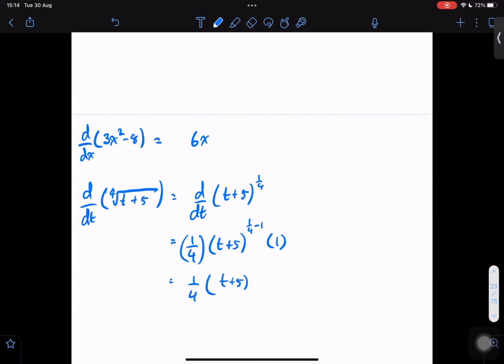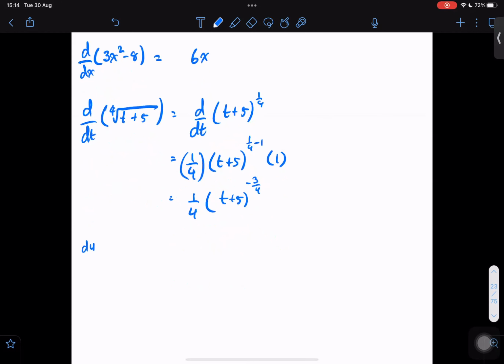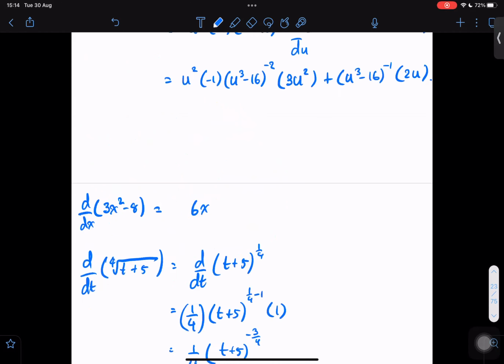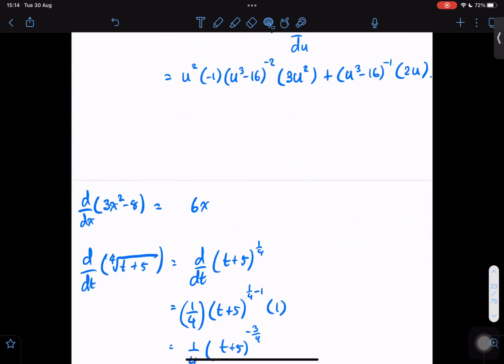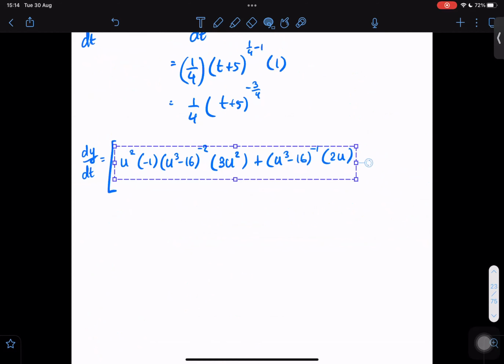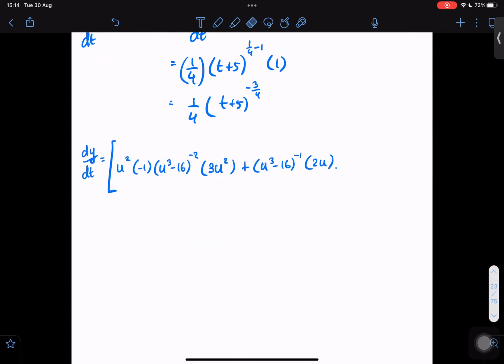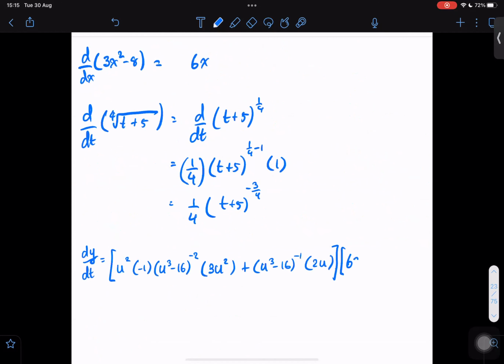So dy by dt is equal to this thing, multiplied by 6x, multiplied by 1 over 4, t plus 5 to the minus 3 over 4.